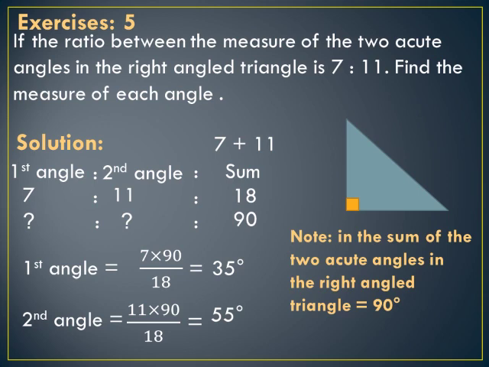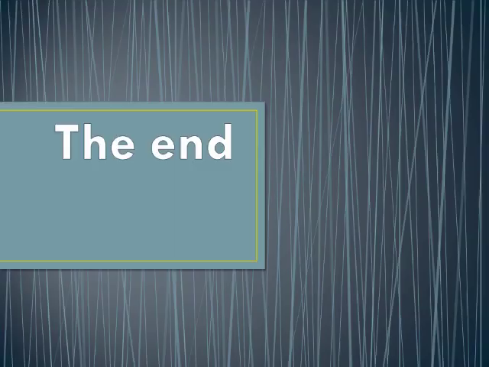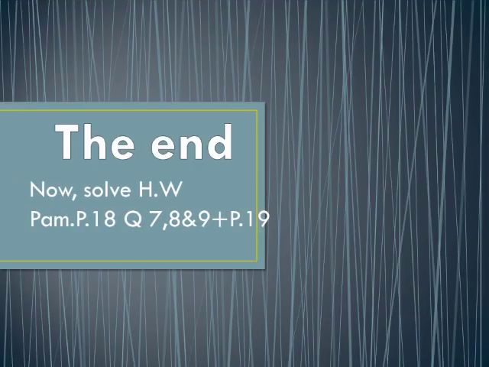First angle, second angle and sum: 7 to 11 and their sum is 18. Under 18 put 90. Get the first angle and the second angle. First angle equals 35 and second angle equals 55. Okay, now you understand. Study well, primary.